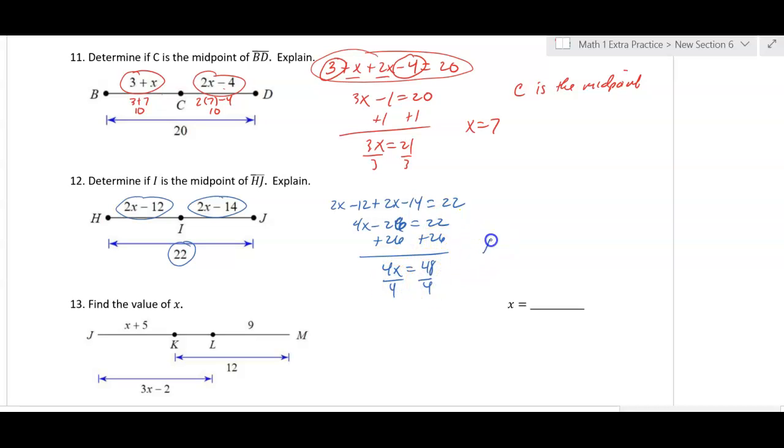When I divide by 4, x is equal to 12. Now when I plug that back in, 2 times 12 minus 12, that's going to give me 24 minus 12, which is 12. But here, 2 times 12 minus 14 is going to give me 8. Are these pieces congruent? No. So I is not the midpoint.